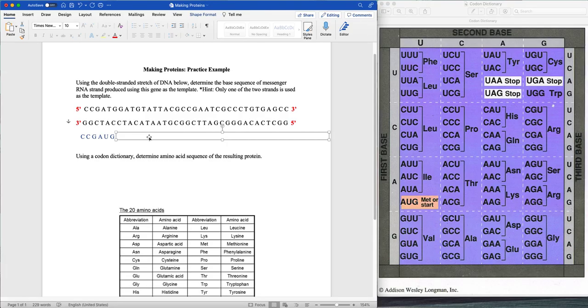Once finished, you should have a messenger RNA sequence that looks like this. Once again, take a minute to pause and compare your answer with the sequence shown here.